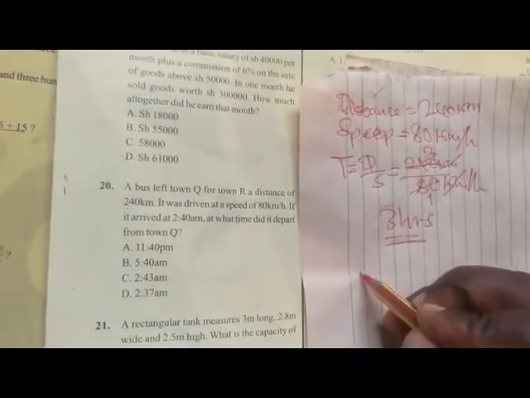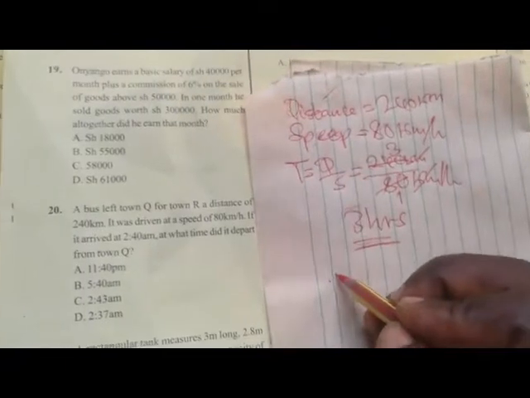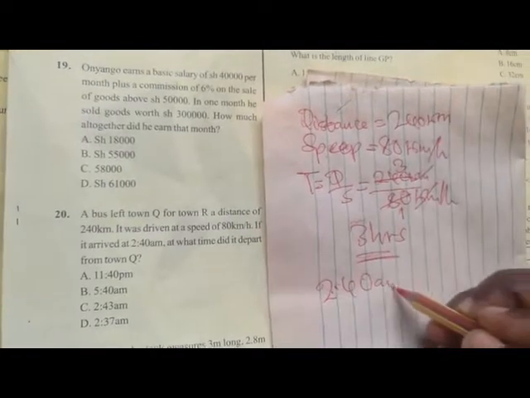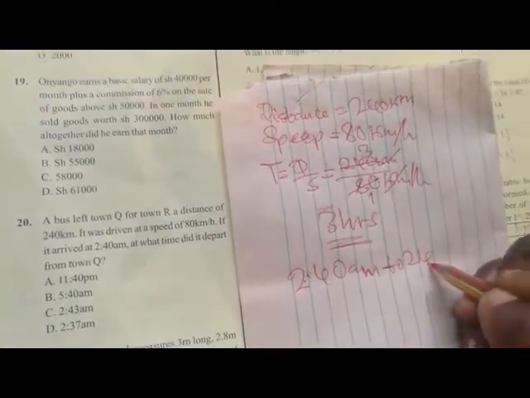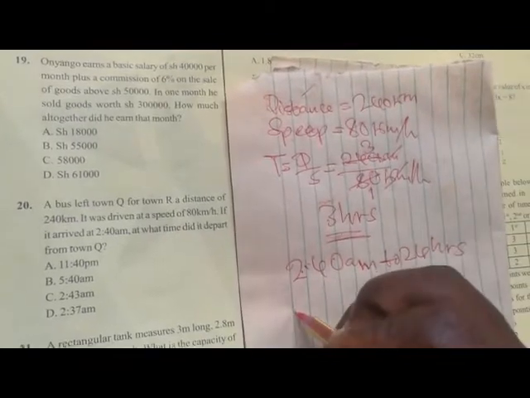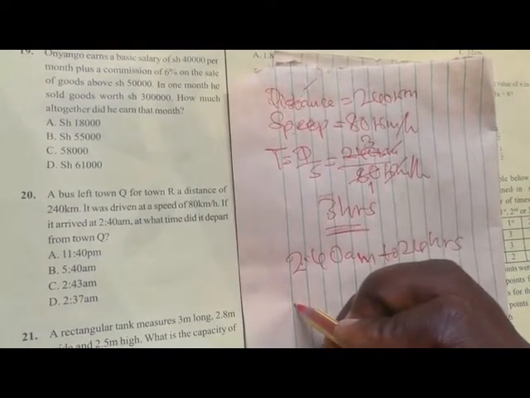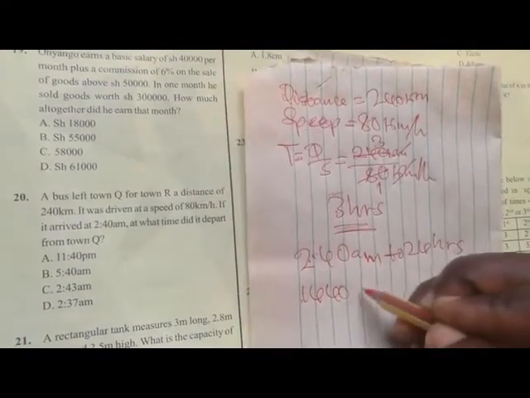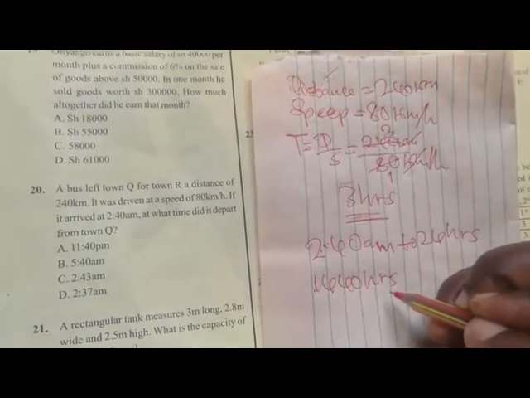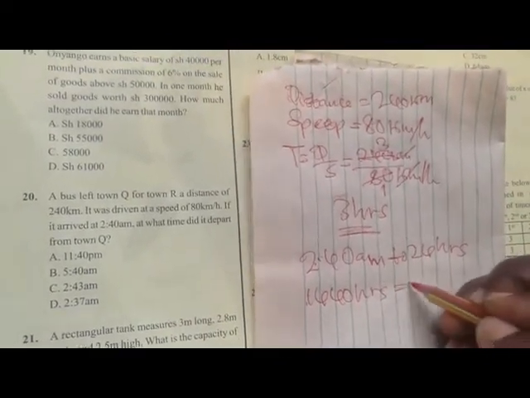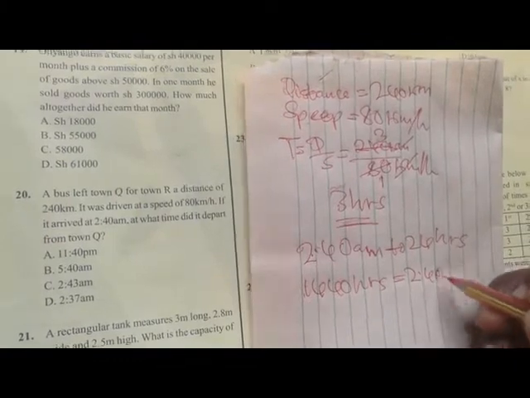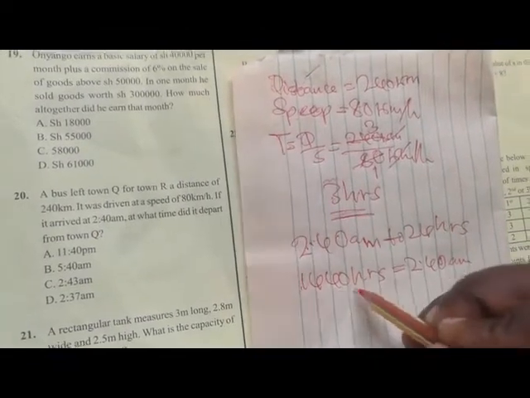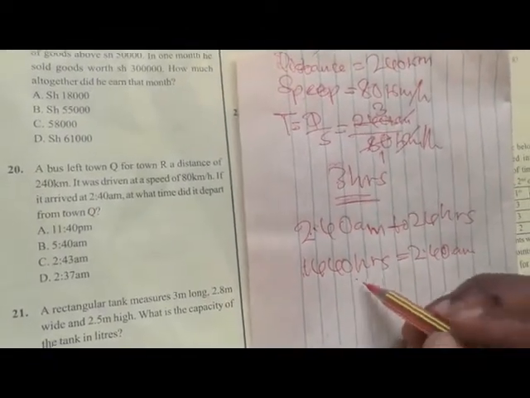If we change 2:40 a.m. to the 24-hour system, that will give us 1440 hours. This is equivalent to 2:40 a.m. We have changed it from the 12-hour system to the 24-hour system.